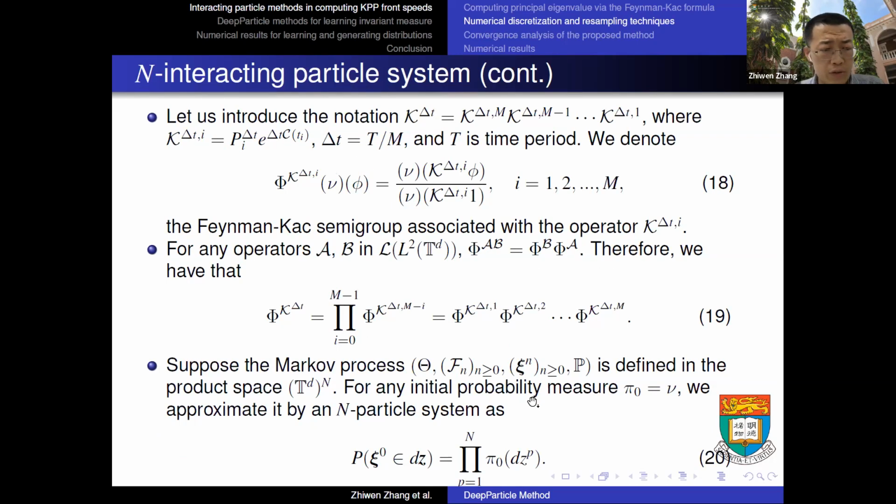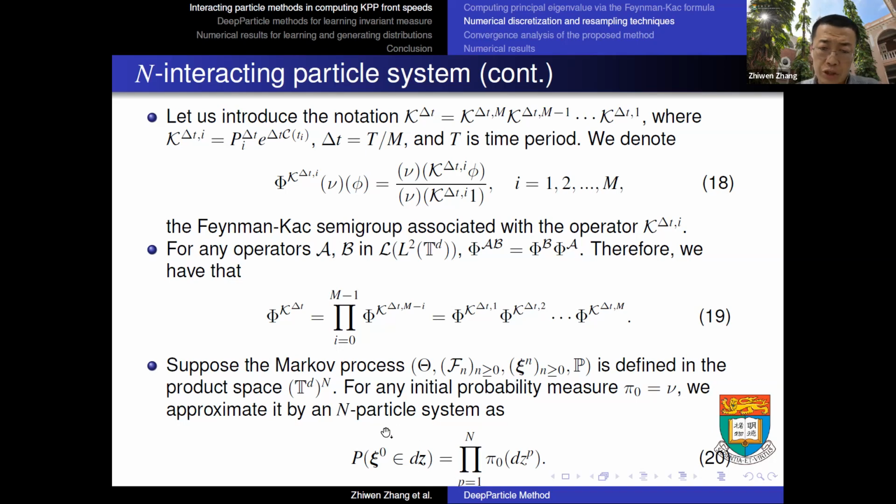All right. So for example, pi_0 is the initial measure, and this evolution defines a Markov process in a product space T^N.